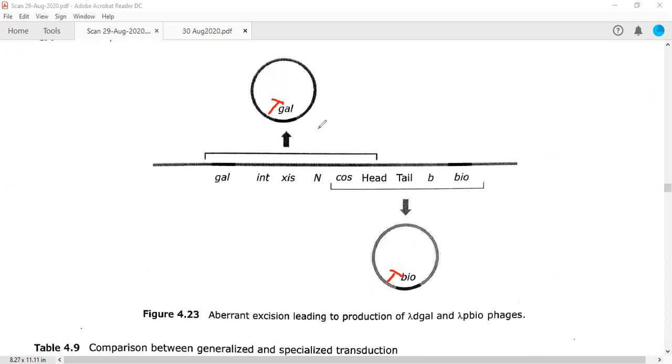One is from the virus, the lambda phage, and second is the galactose gene or galactose fermentation gene from the E. coli chromosome. So either it will make lambda gal or lambda bio. Now we will move further.